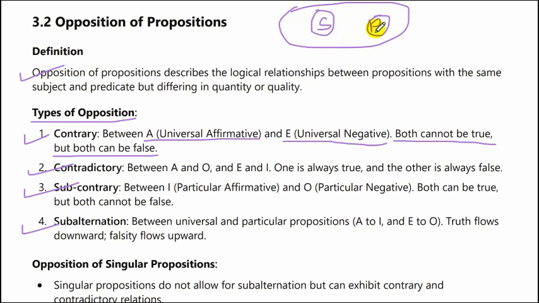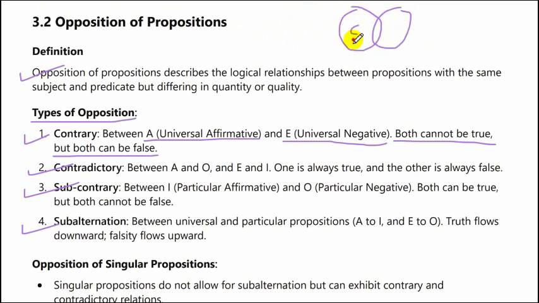Okay, so we are looking at the I proposition right now. The I proposition states some S are P. So the subcontrary relation is between the I proposition and the O proposition.